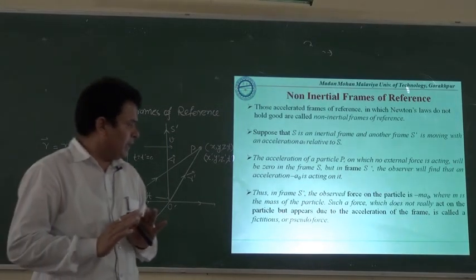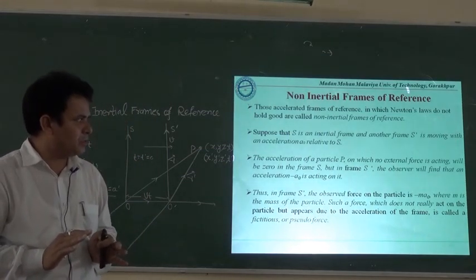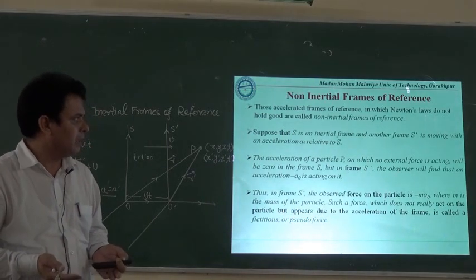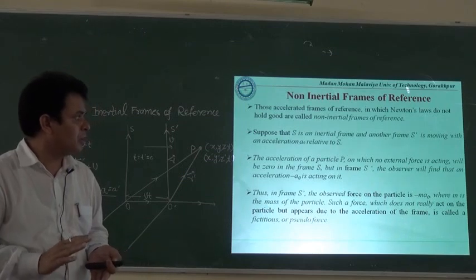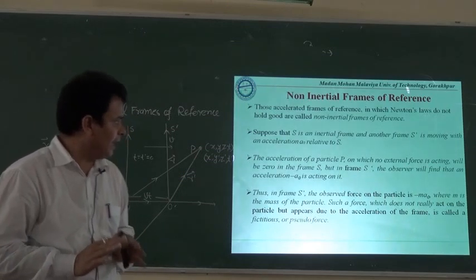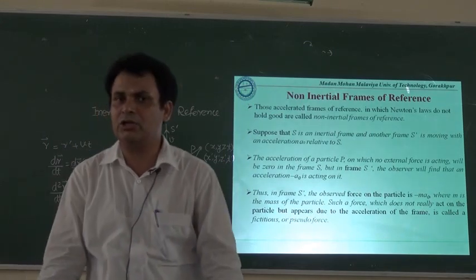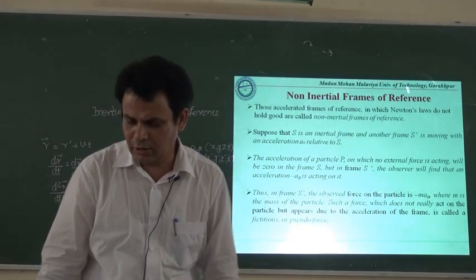Thus in the frame S', the observed force on the particle is minus m a0, where m is the mass of the particle. Such a force, which does not really act on the particle but appears due to the acceleration of that frame, is known as the fictitious force or the pseudo force.